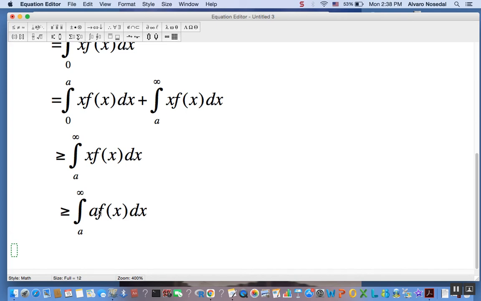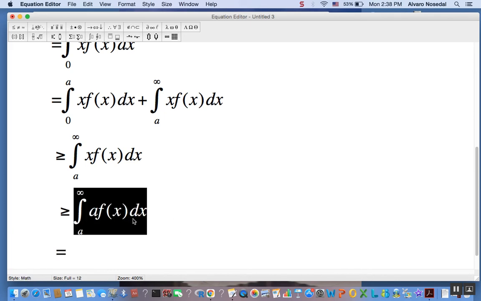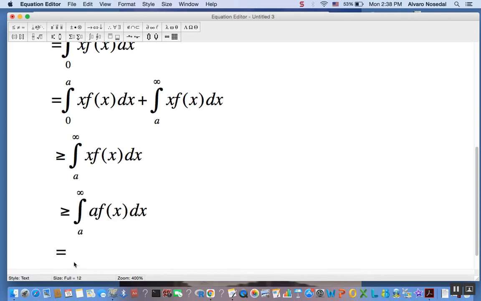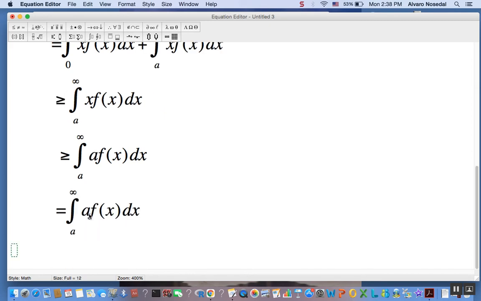By the linearity of integrals we get to pull out that a. So let me do that next. We pull out that integral here, and guess what? The integral from a to infinity of the PDF is just the probability that X is greater or equal to a.